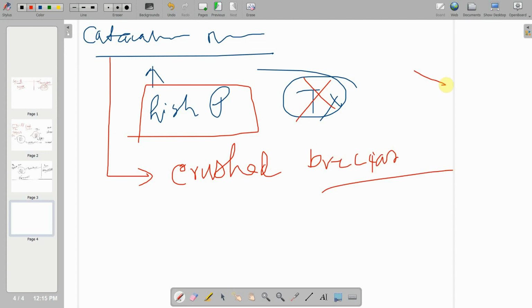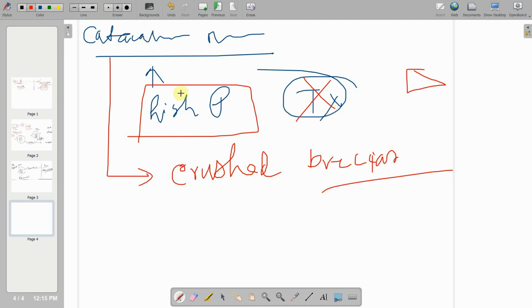So breccias are generally angular shaped structures, I have already discussed. Cataclastic metamorphism is only happening with pressure. In general, I told you that metamorphism happens under high pressure and temperature, or under suitable pressure and temperature.